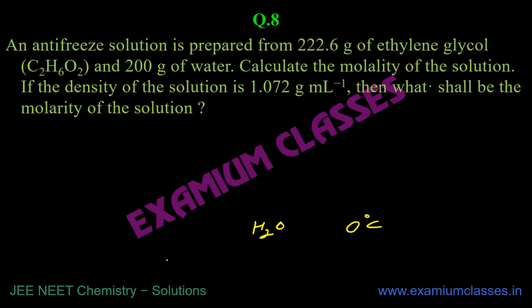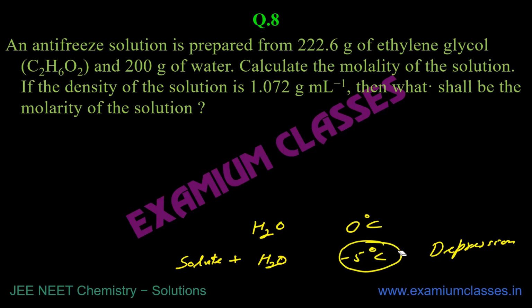So if I now have a solution, I add some solute into water. So there will be depression in freezing point. Depression means it will go below 0 degrees Celsius. So say it is minus 5 degrees Celsius. It means if the temperature in hilly areas, etc., is minus 2 degrees Celsius, even then the water will not freeze, because now its freezing point is minus 5 degrees Celsius, not 0 degrees Celsius.